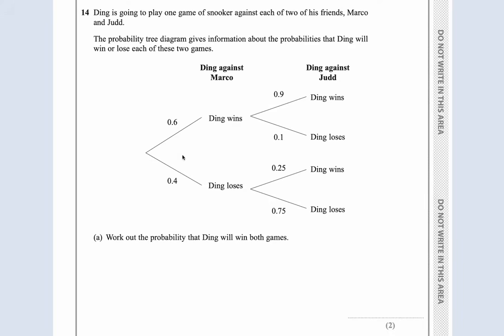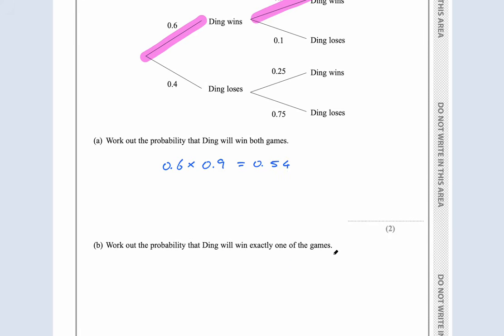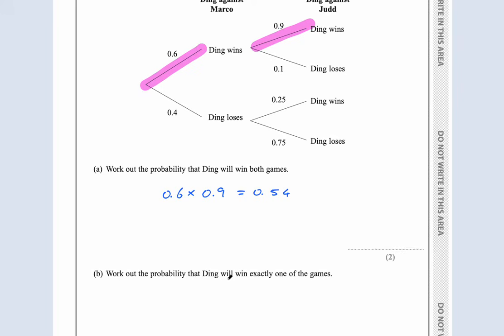So if he wins both games, he needs to win, and win. And as we go along the branches, I just multiply the probabilities. 0.6 times 0.9 is 0.54. Easy.